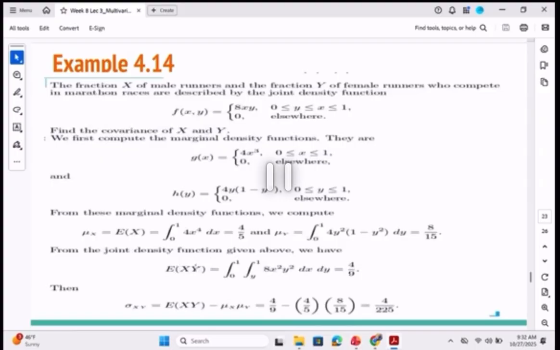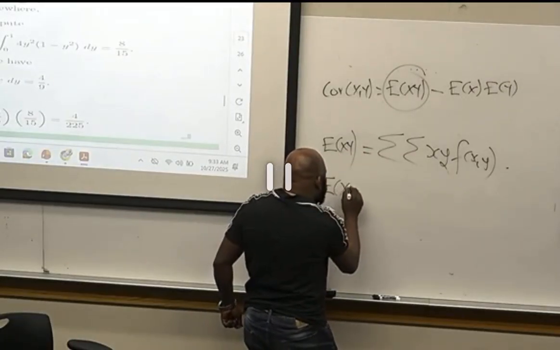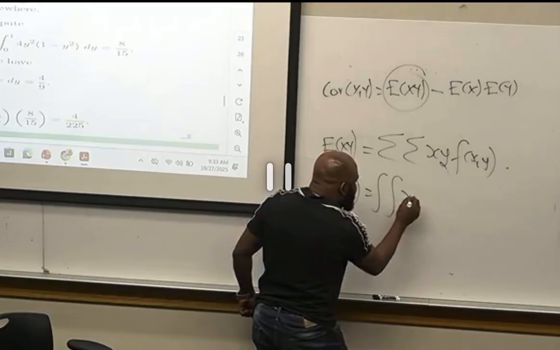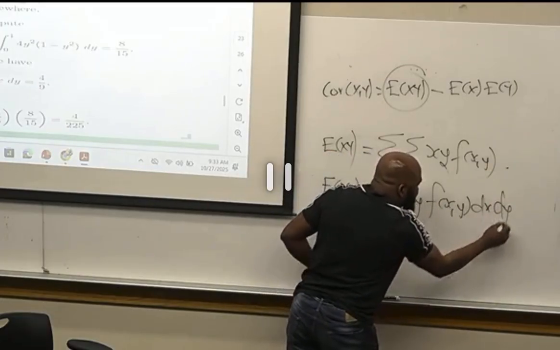Okay, please pay attention. It's going to be the integral of this guy. How do I get 8x squared y squared? Because initially, this is 8xy. Don't forget the expectation of xy in the formula. You're actually going to have this guy. In the formula, the expectation of the product is going to be the integral of xy, f of xy, dx dy.